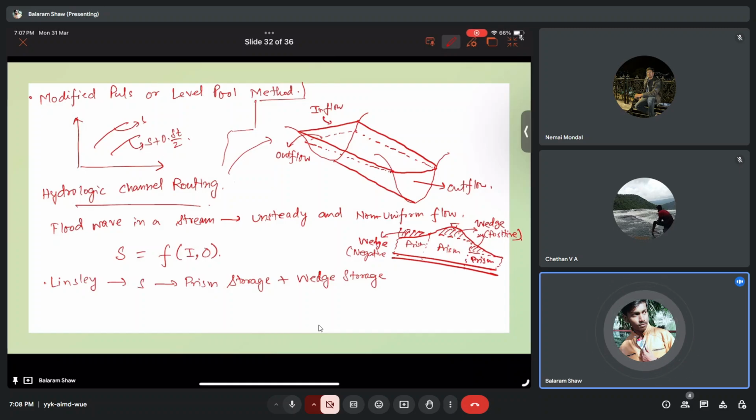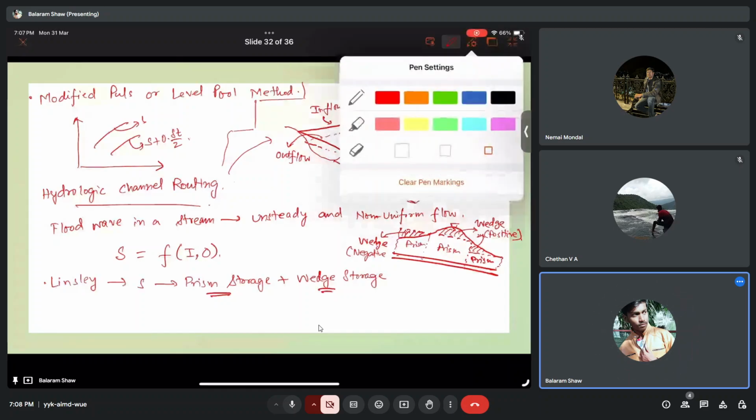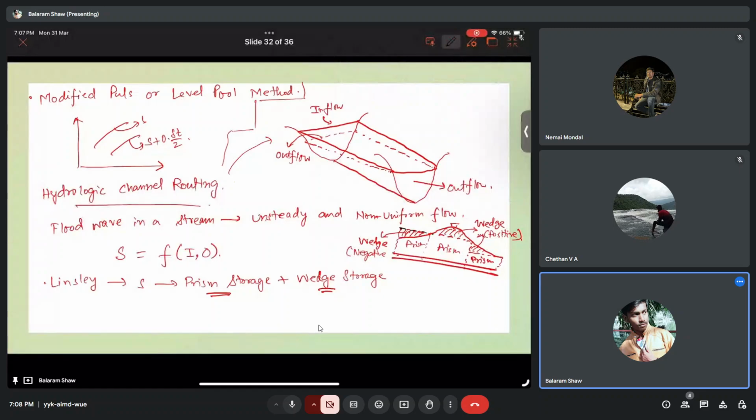So what Linsley considered is that this change in storage is the summation of both the prism storage plus wedge storage. And what is this prism storage? Prism storage is the volume of water that is stored below an imaginary line. So this line that you can see, let's see, the black color here, this is the imaginary line.